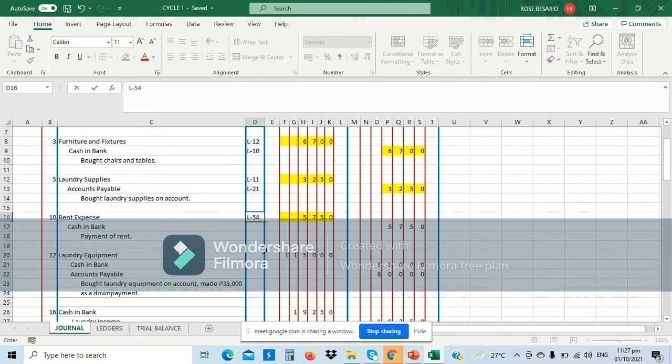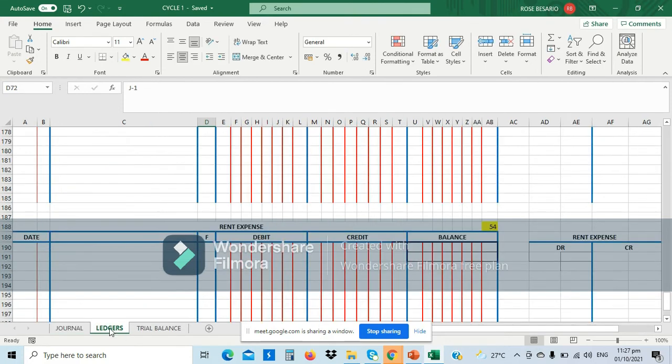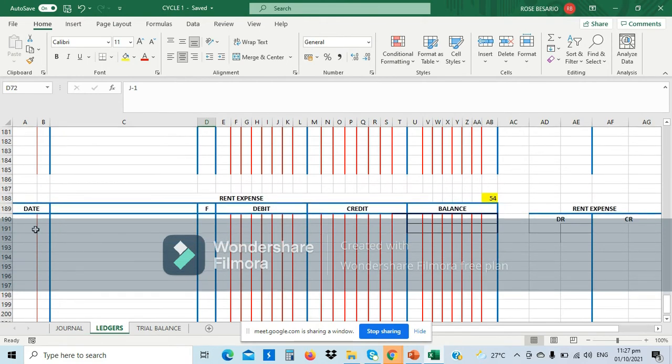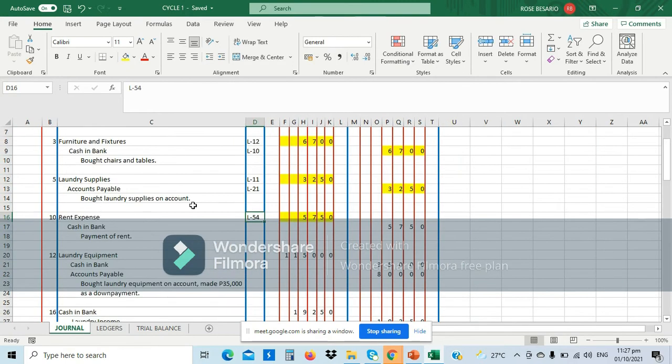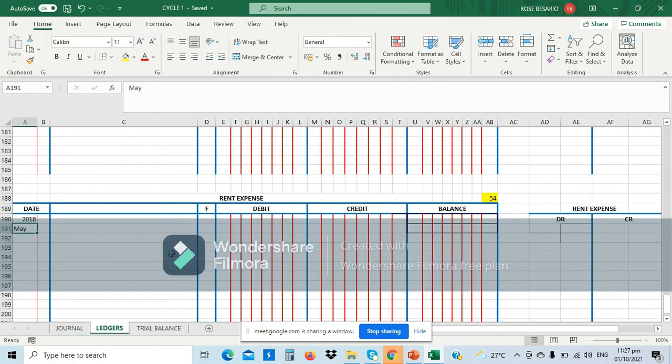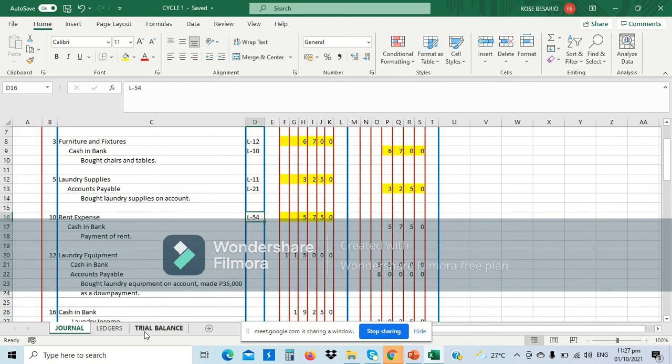So this is to be transferred to L54. Okay, so 5,750. So again, start with the date, the year rather, then the month. And what date is that? 10. So this is May 10. Then no need for explanation. Then this is J, page 1. So rent expense is a debit, 5,750.